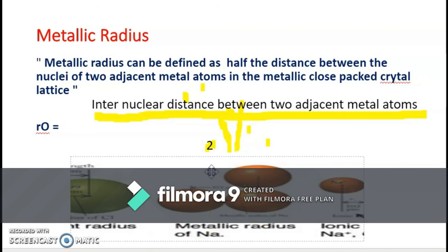Here is one example, the metallic radius of sodium. These are the sodium atoms. This is the half internuclear distance between two adjacent metal atoms.